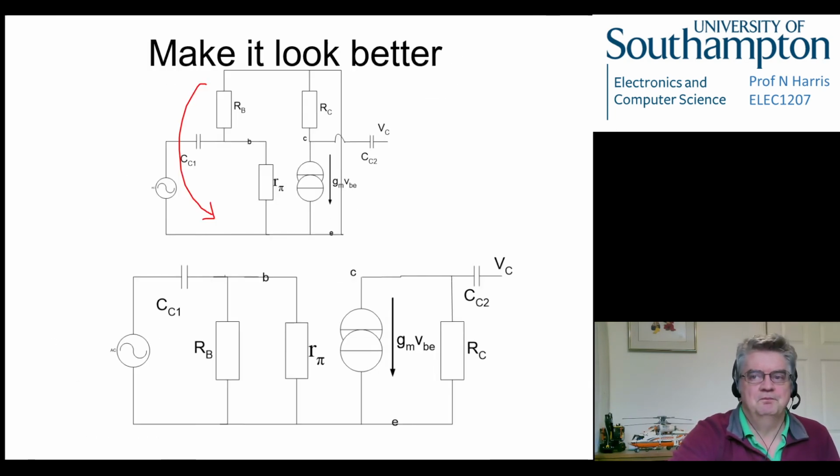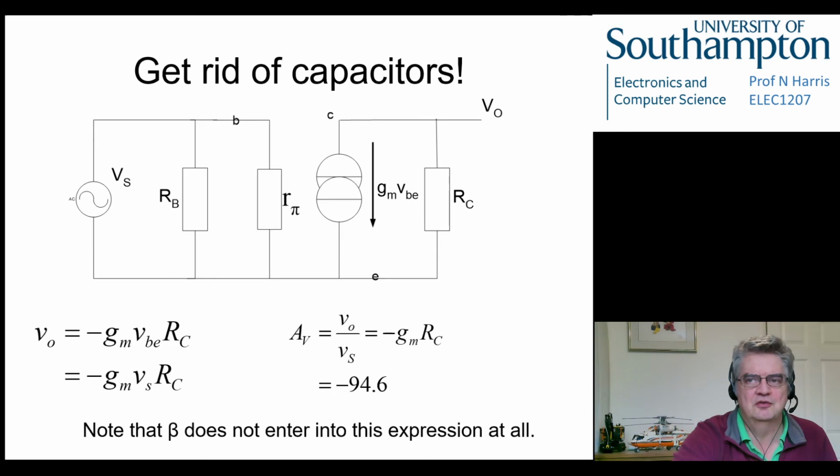So given that this is the AC solution, and we know that at AC capacitors are short circuits, because that's what they're there for, they're to block DC and to allow AC through. Under the conditions of AC, this capacitor can be considered to be a short circuit, so we can replace it with a short circuit just to aid us in the drawing.